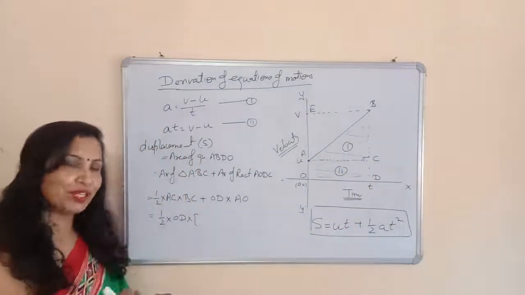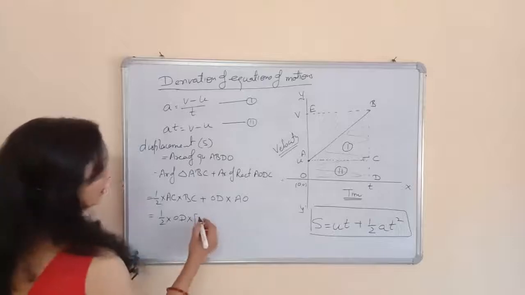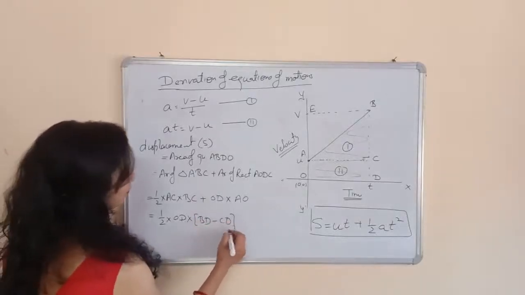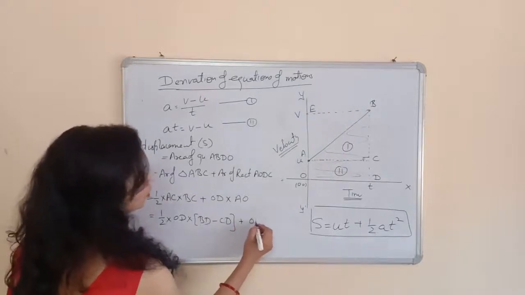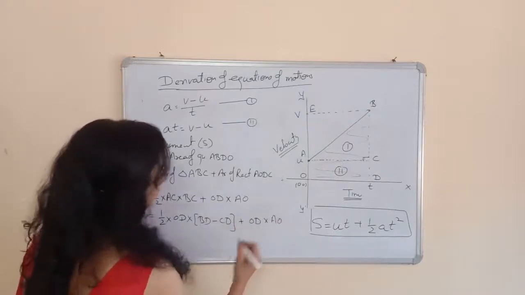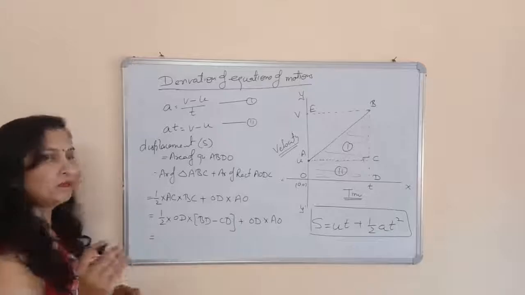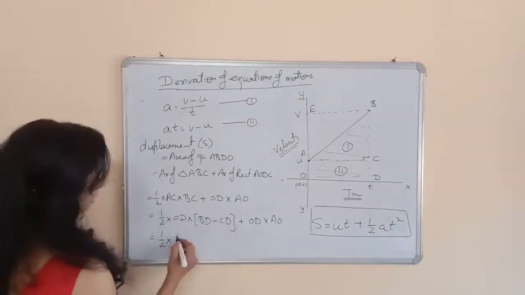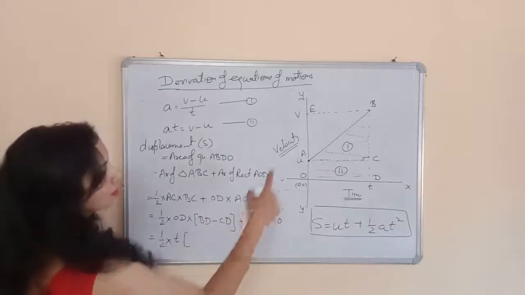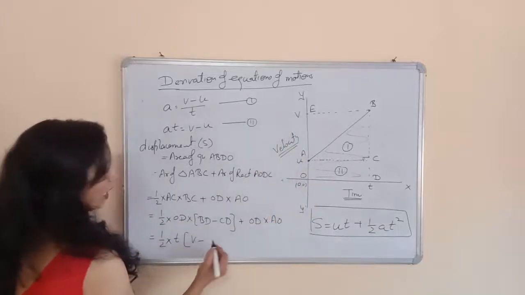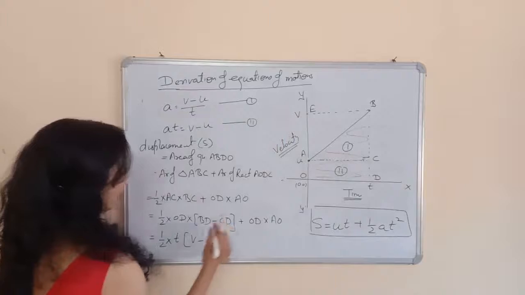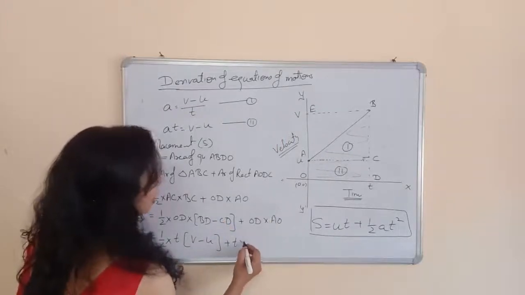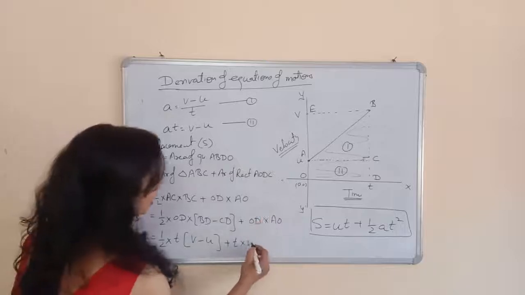I explained you in the first part that BC is equal to BD minus CD plus OD multiply AO. Now what will you do? We will put the values here. 1 upon 2 into what is the length of OD? It is T. BD is again V. And CD is how much? It is U. Plus OD, T. And AO is U.